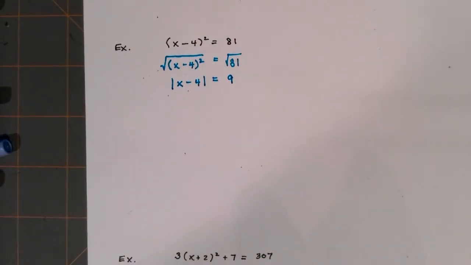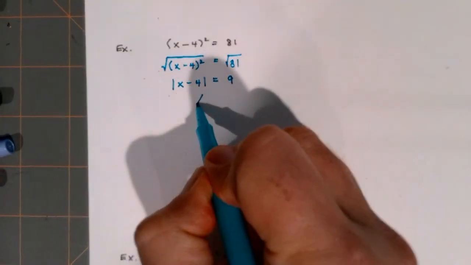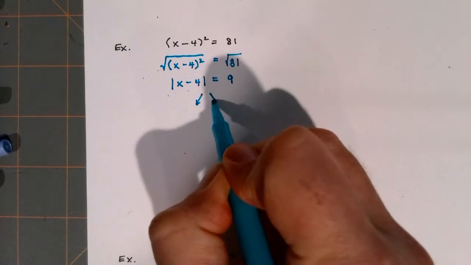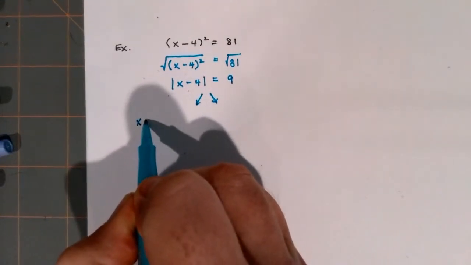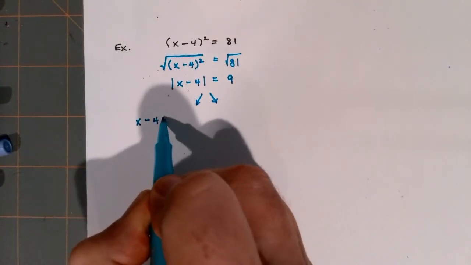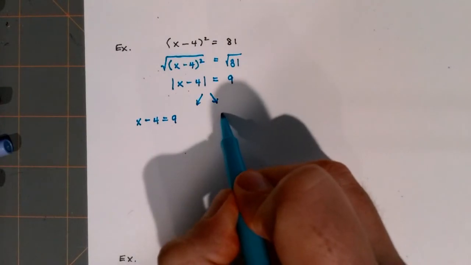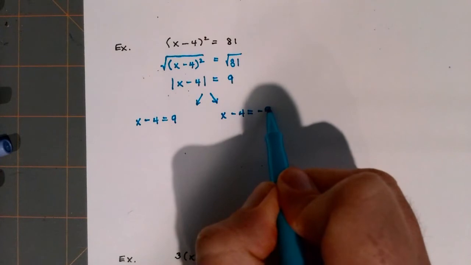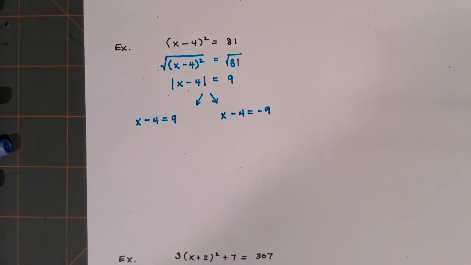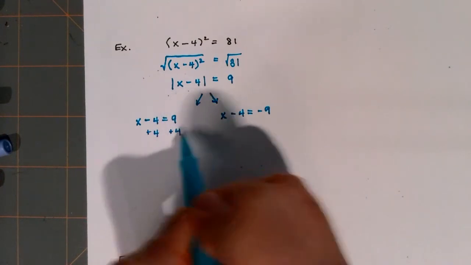Now you might be tempted to just say plus or minus or solve from here. Let's go slow here, so make sure you understand everything that's going on. So one time I solve as is, so x minus 4 equals 9. And the second time I solve by flipping the other side, so x minus 4 equals negative 9. So here I'm going to add 4 to both sides.